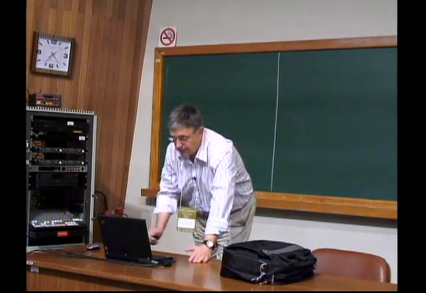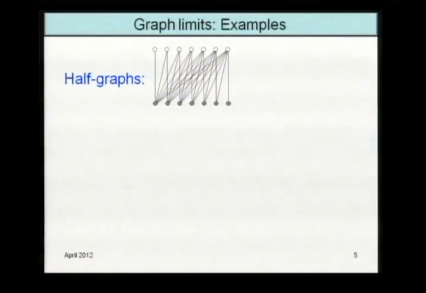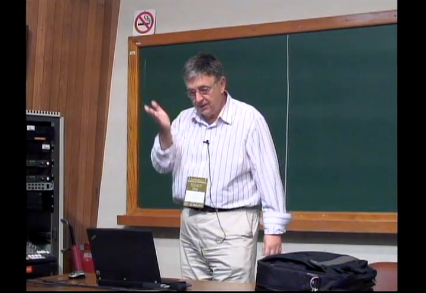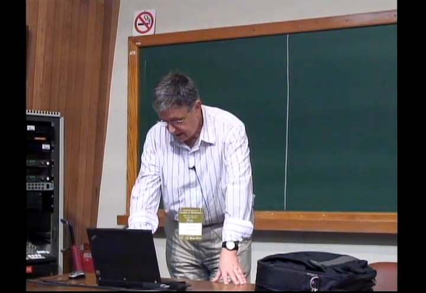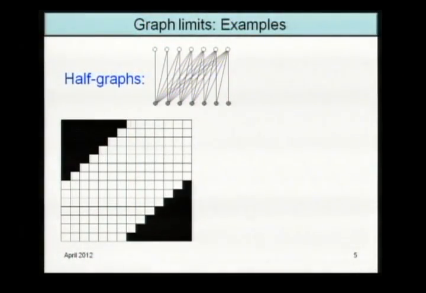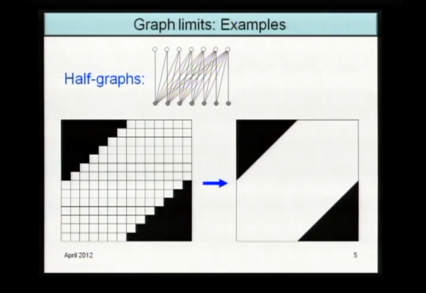Here is another example, a much more structured class of graphs called half graphs. These are bipartite. They have two classes of nodes, and every pair is connected if the corresponding edge leans to the right. The corresponding pixel picture looks like this, and it doesn't take much figuring out what the limit of this sequence of graphs should be.